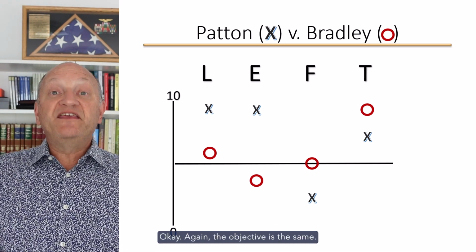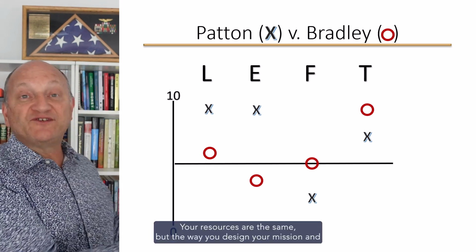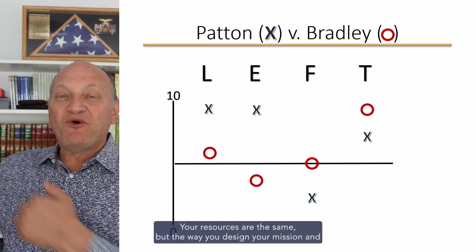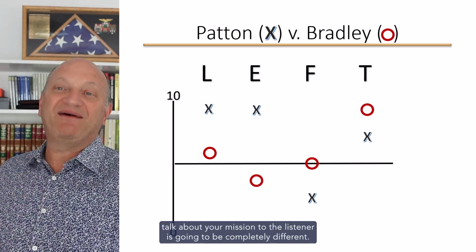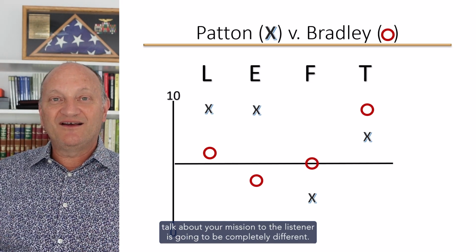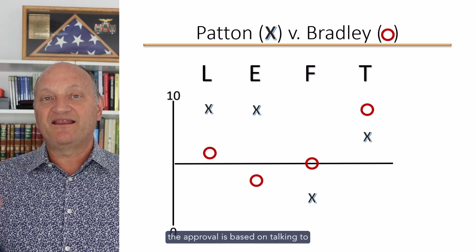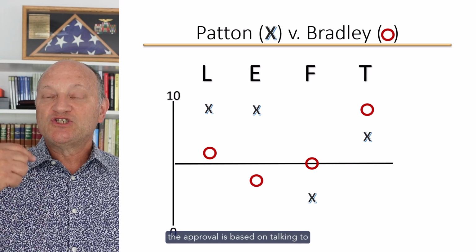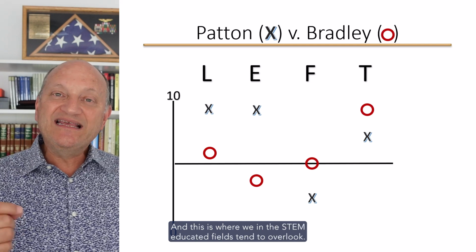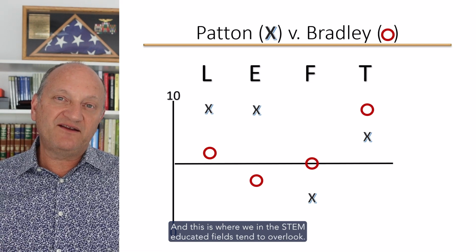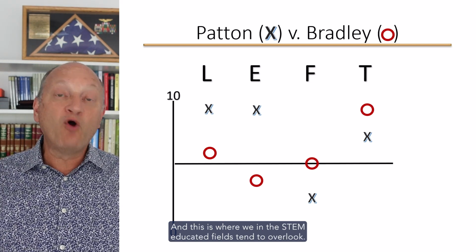Okay. Again, the objective is the same. Your resources are the same, but the way you design your mission and talk about your mission to the listener is going to be completely different. The approval is based on talking to their listening. And this is where we in the STEM educated fields tend to overlook.